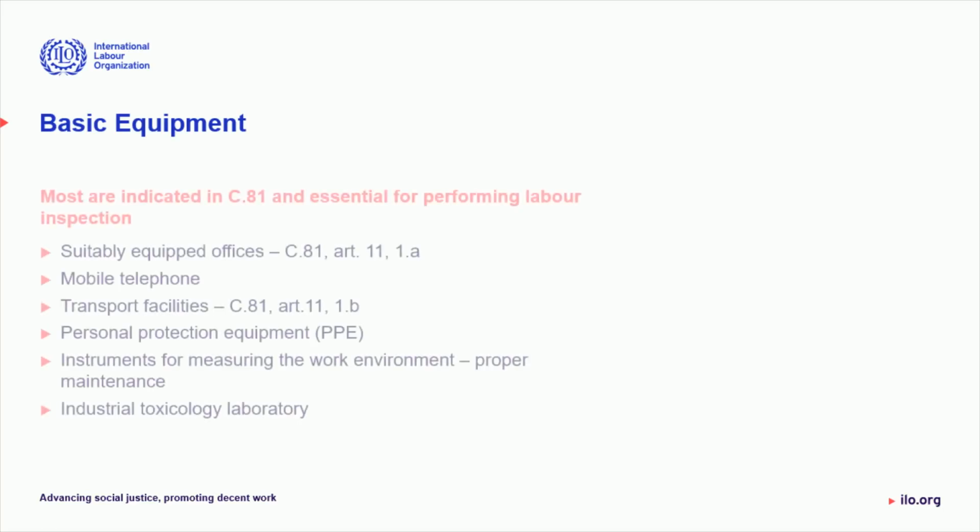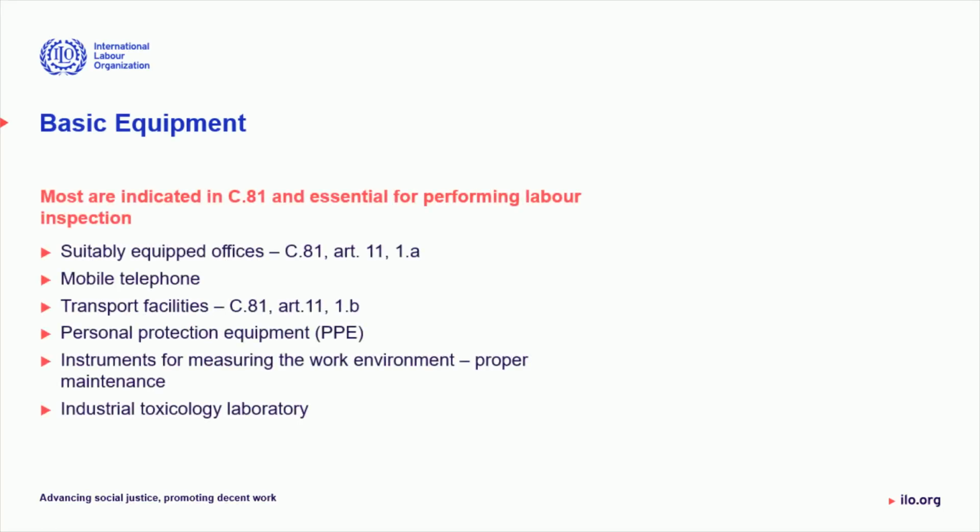In this regard, the Labor Inspection Conventions provide that it is the responsibility of the competent authority to make these necessary arrangements. Under Article 11 of the Labor Inspection Convention, 1947, No. 81, and Article 15 of the Labor Inspection (Agriculture) Convention, 1969, No. 129, the competent authority shall make the necessary arrangements to furnish labor inspectors with local offices suitably equipped in accordance with the requirements of the service and accessible to all persons concerned.